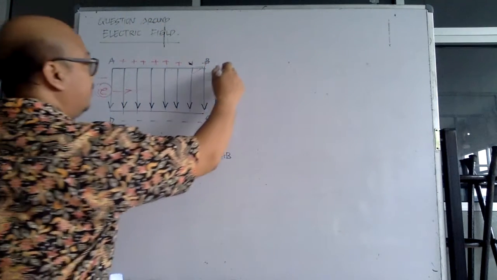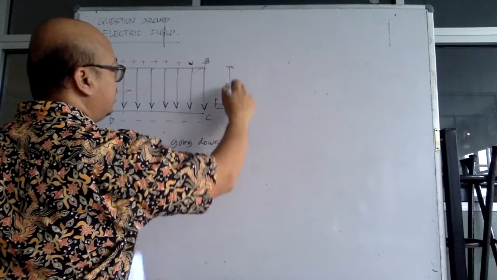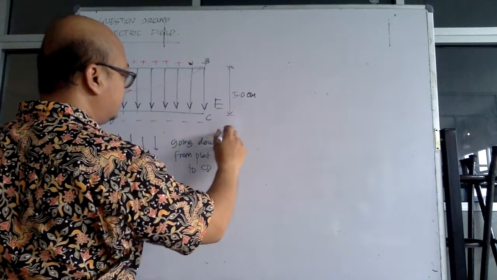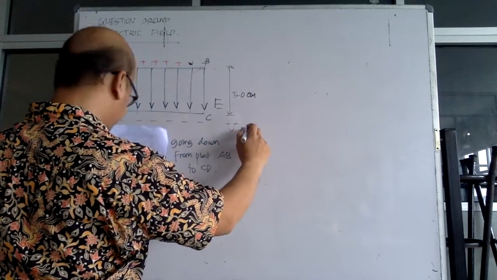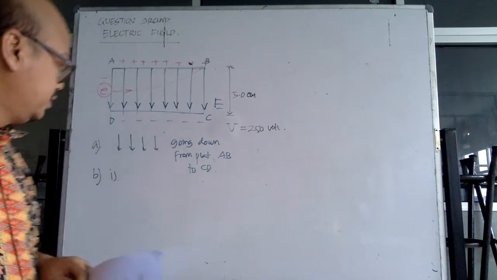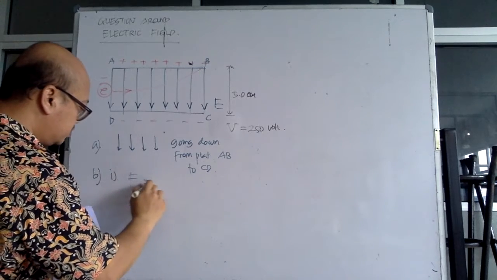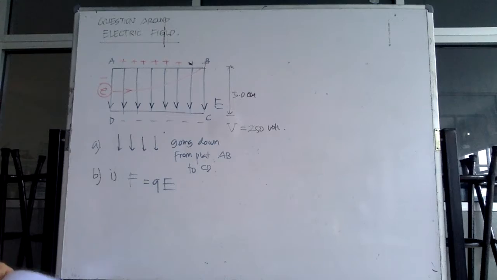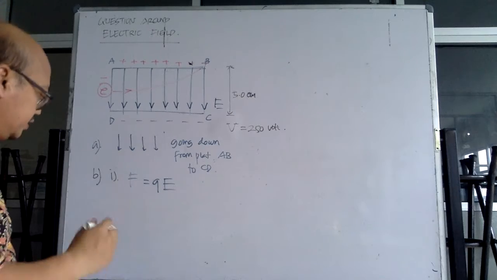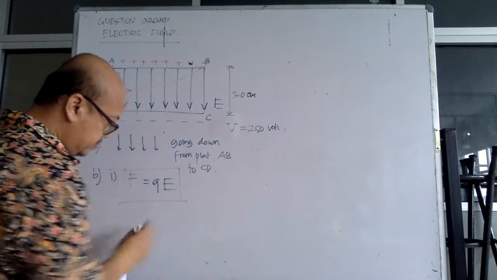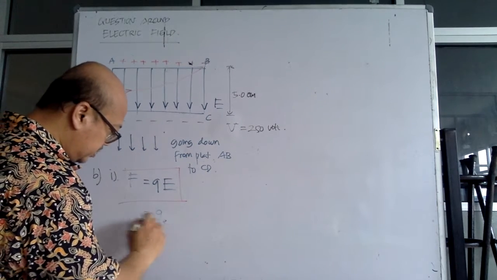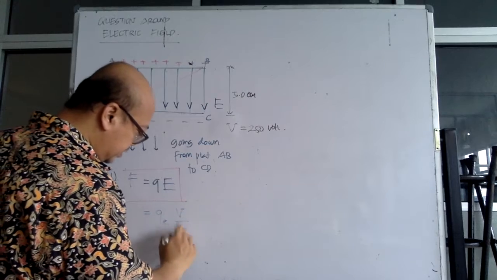If the distance between the two plates is 5.0 centimeters and the potential difference is 250 volts, then the force equals QE, that is Q of the electron times V over d.